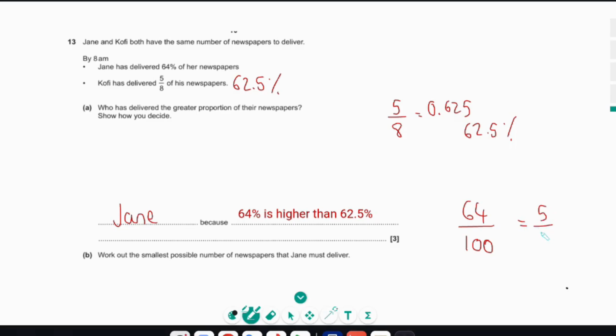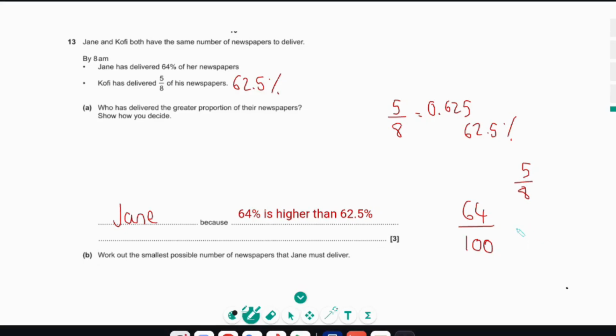Sorry, let me just write. Kofi is 5/8. So we can't make 5/8 into 100 without creating a decimal as a denominator. So it can't be 100 newspapers.